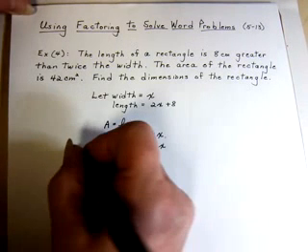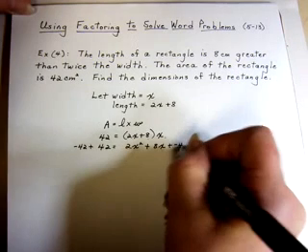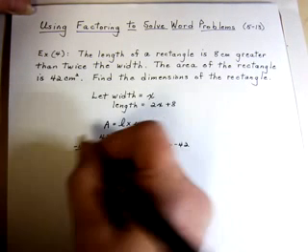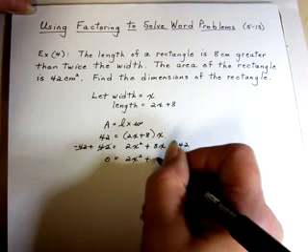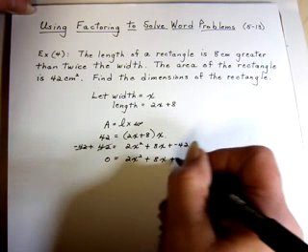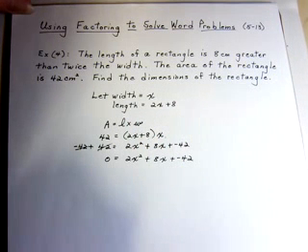So we're going to add a negative 42 to both sides of the equation. 0 equals 2x squared plus 8x plus negative 42. This quadratic is now in standard form.